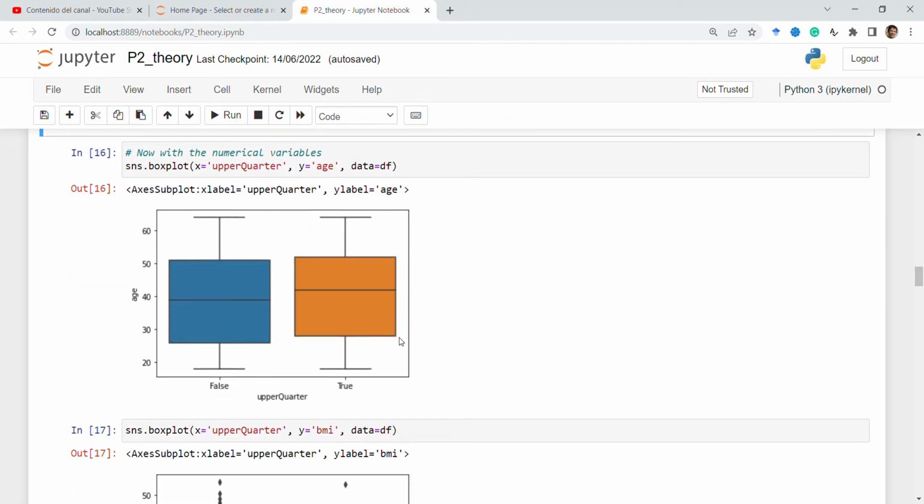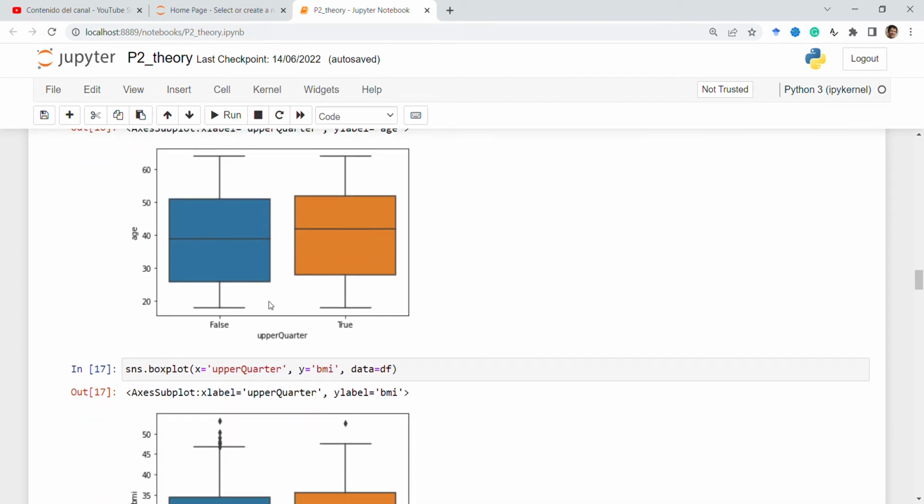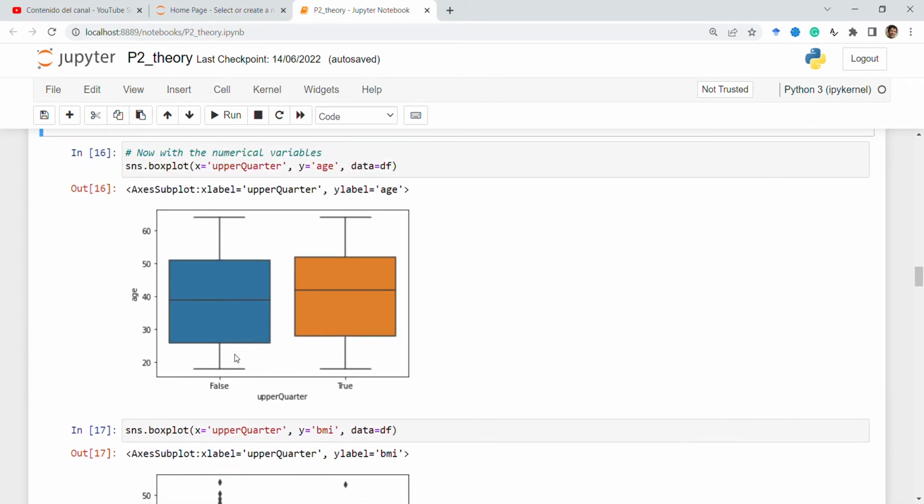So it seems that all these variables are related to being in the upper quarter. And to check the other variables, we have the age, so we see that it doesn't seem that there is a difference between the ages of those not being in the upper quarter and being in the upper quarter.